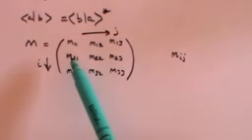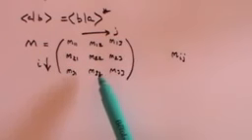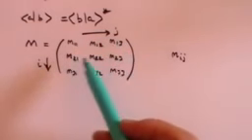So if you take this element here, it's the second row, first column, so it's M21. Take this element here, it's the third row, the second column, M32. That's the way you actually identify the elements of the matrix. Each one of these values can be a complex number, and we know what that is.